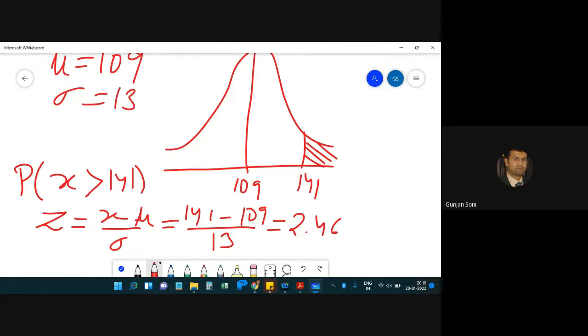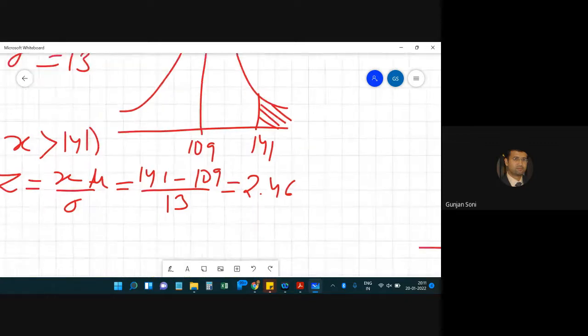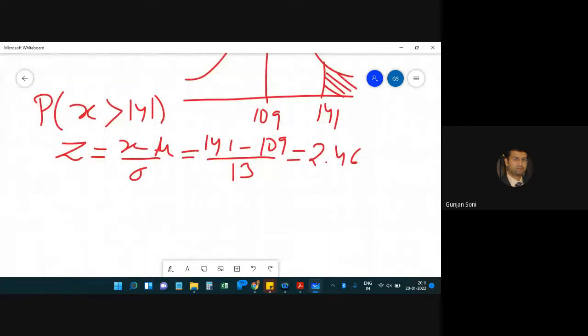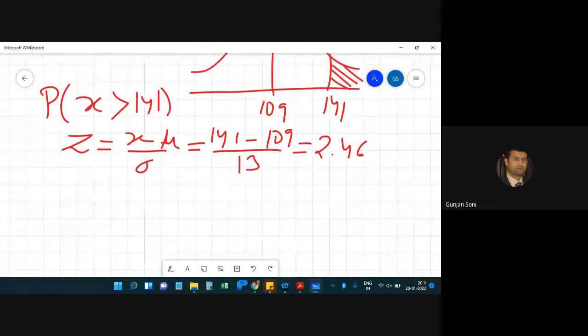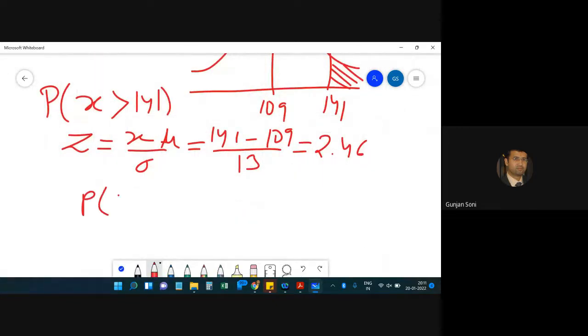So once we get 2.46, we can find out in the normal distribution table what this area is. Now we write the probability that z is greater than 2.46. Can you tell me what that area is? Now let me go to the table.